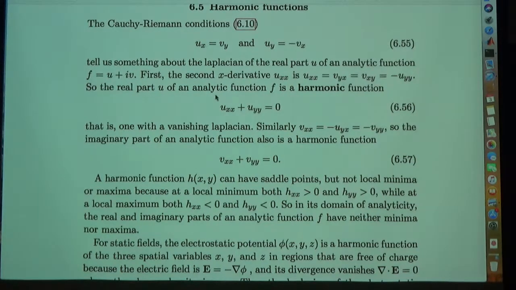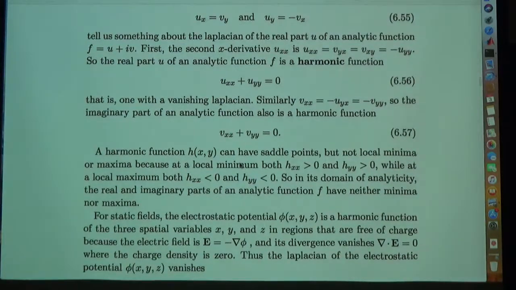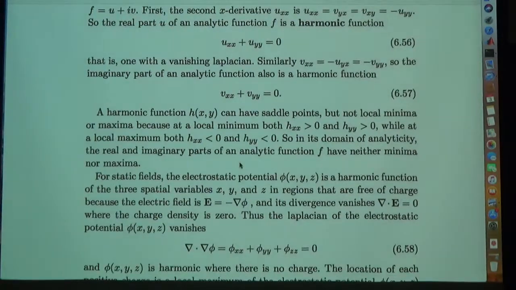That means that the real part of any analytic function is harmonic. Similarly, vxx by the Cauchy-Riemann conditions is minus uyx, and that's minus uyy. So the imaginary part of any analytic function is also harmonic. So these are remarkable conditions.